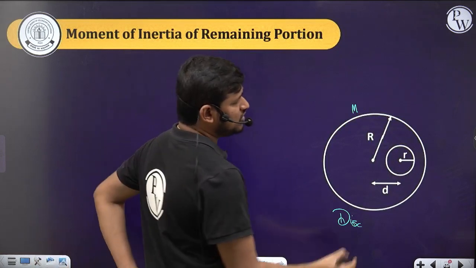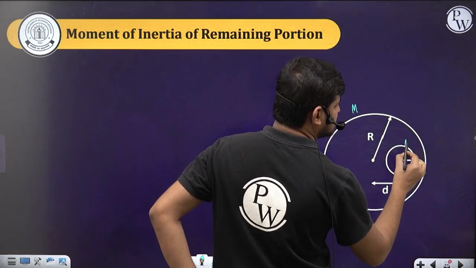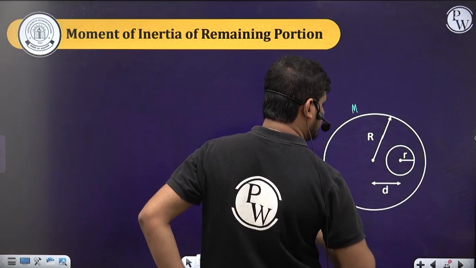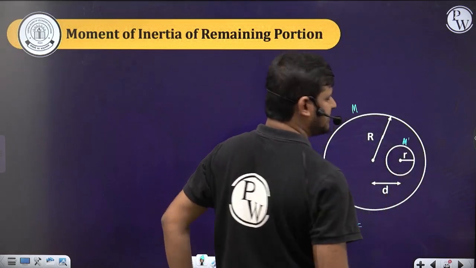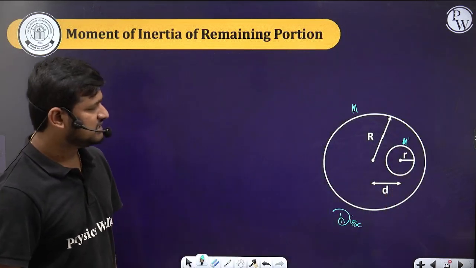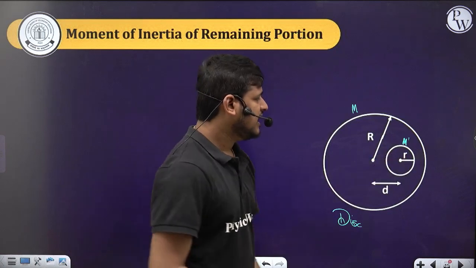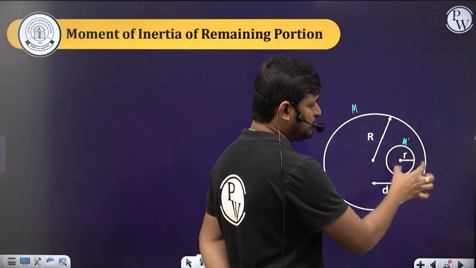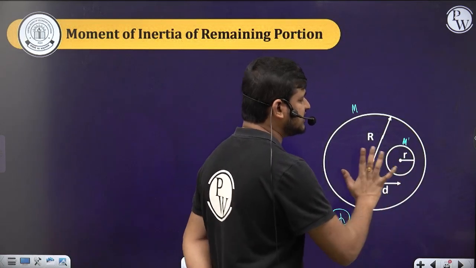Now let the mass of the removed part be m dash, and its radius is r. This removed part is at a distance d from the center of the disk.